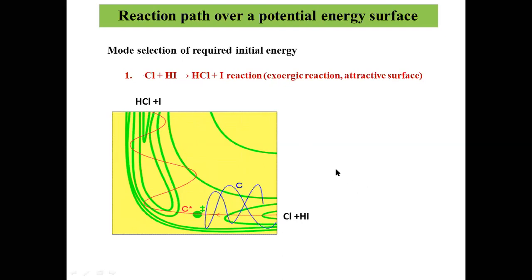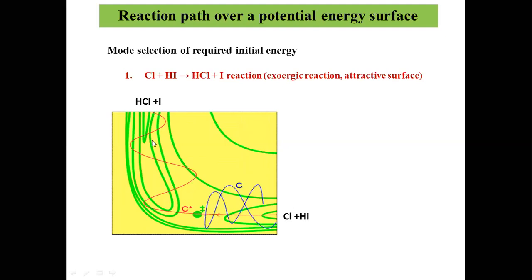Now if we look at this, when you solve the trajectory, it indicates how these trajectories are going to give you the products, or not give you the product. So that means I'm going to have two different kinds of trajectories. First, if you look at this red one, you can see that it goes from reactants to the product, right?